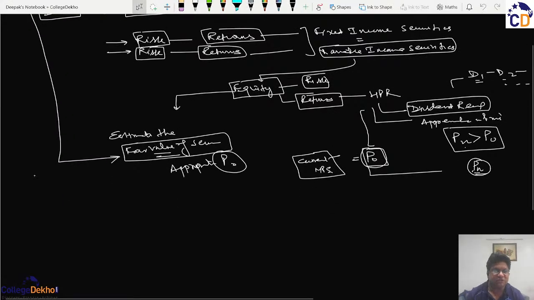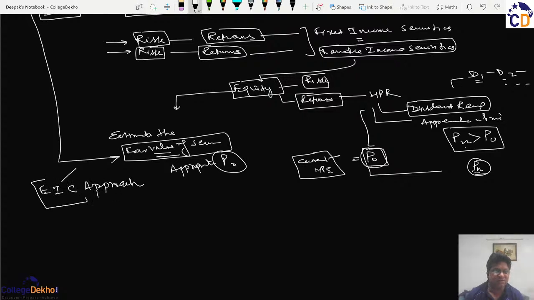And this estimation is based on an EIC approach or EIC analysis. EIC are three distinct words where E denotes economy, I denotes industry, and C denotes company.